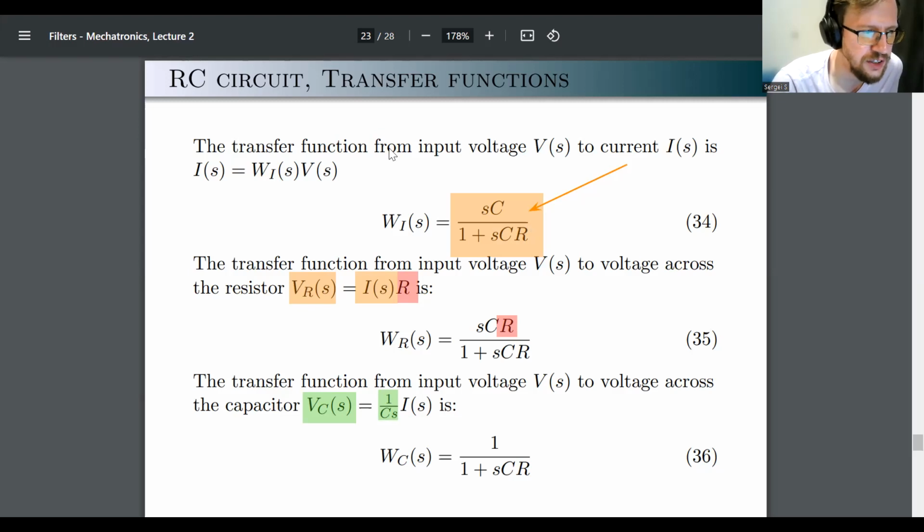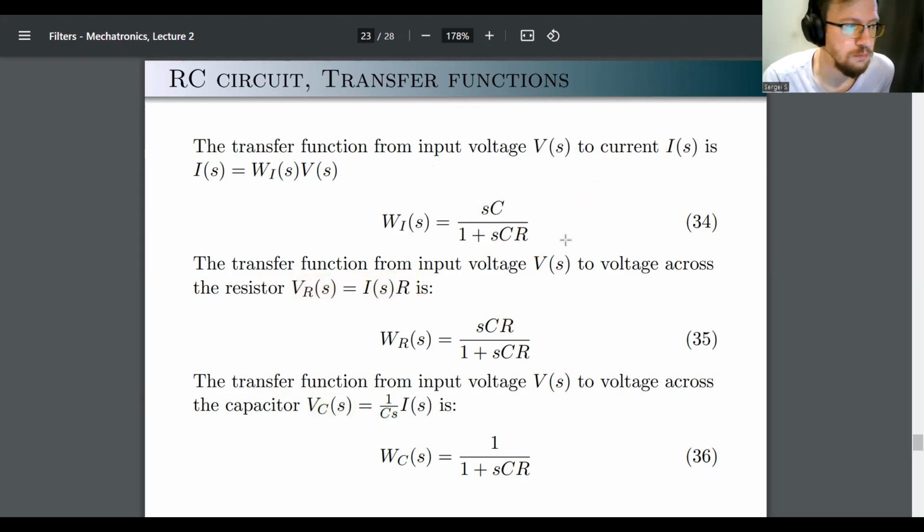So if we divide it by CS, what is going to happen is this is going to get cancelled, right? And then we're going to have 1 here. So that's what we have, 1. So the transfer function to voltage across capacitor is also easy to find, right? Okay. So we got transfer functions that we wanted for voltage across each element plus to current.